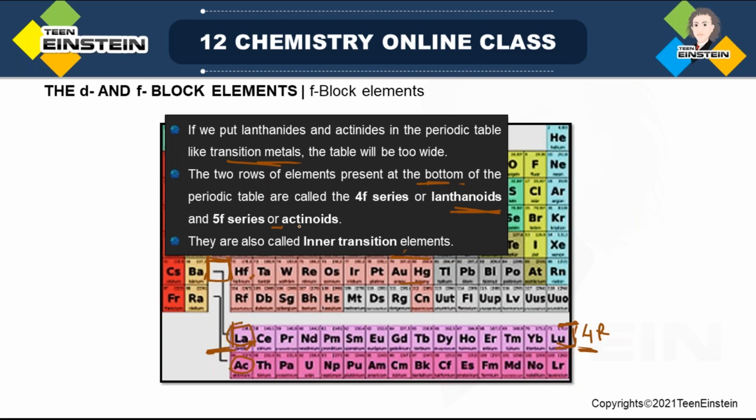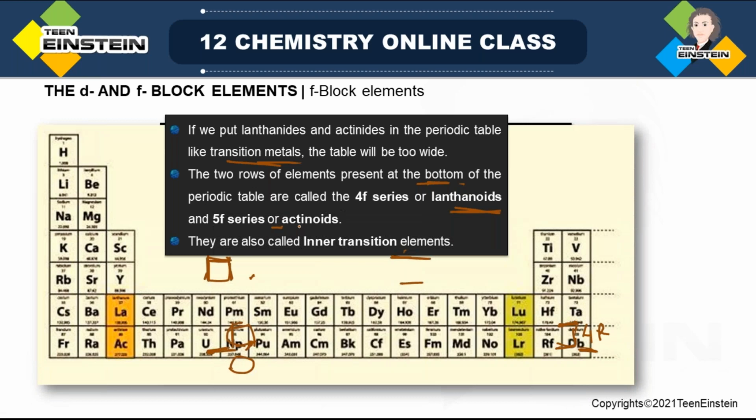See, if you put all these directly in the periodic table, it will look like this. Here what we have done, this is actually an imaginary periodic table, not the actual periodic table. Here after barium we have placed La, then all these 14 elements up to lutetium, and then we are starting hafnium.